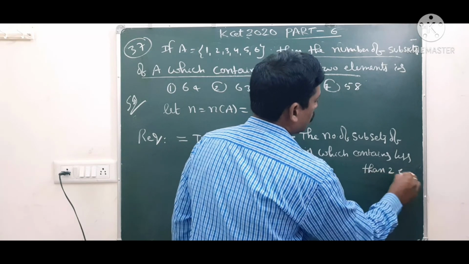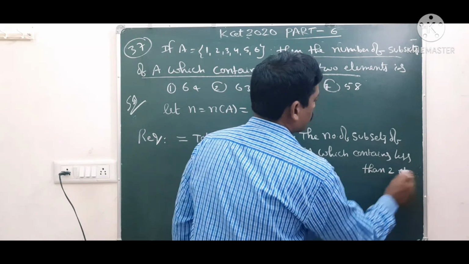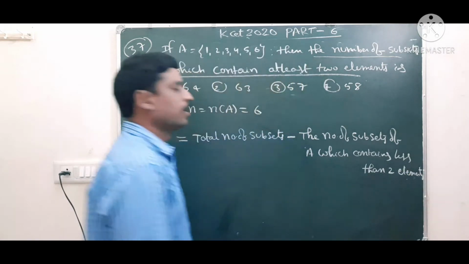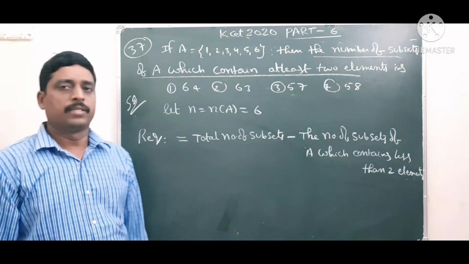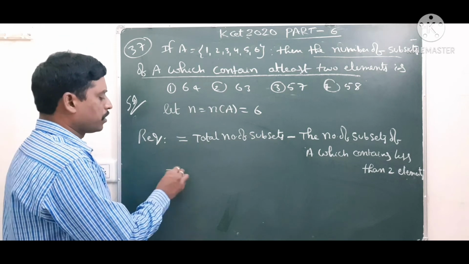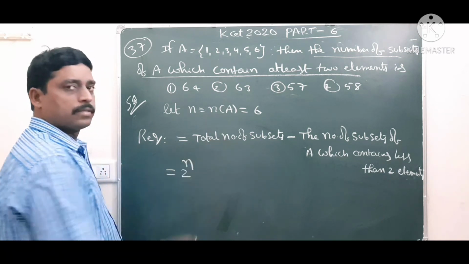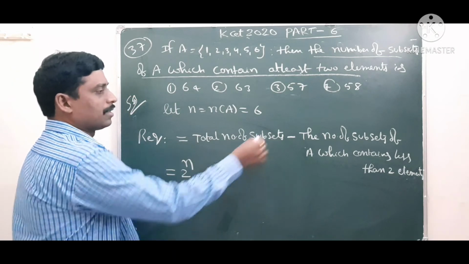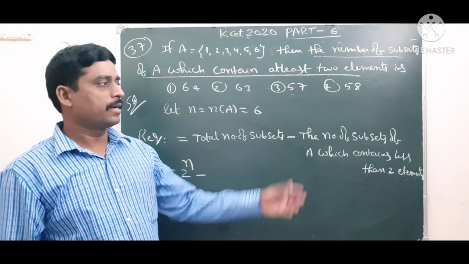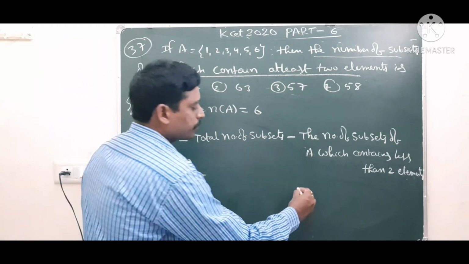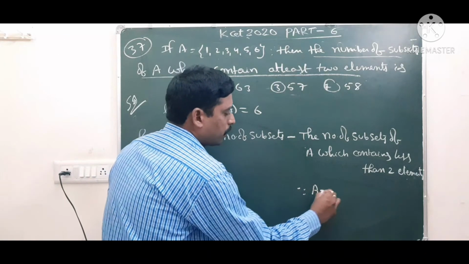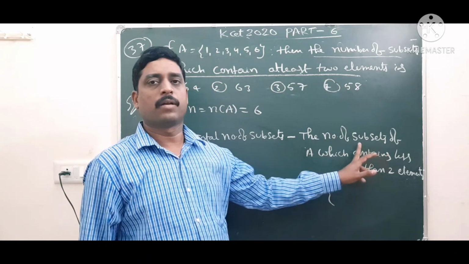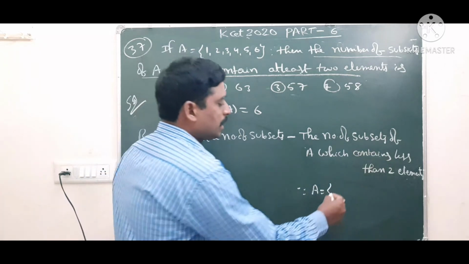Less than 2 elements. The total number of subsets formula is 2 to the power n, which is nothing but the number of elements in the power set of A, minus the number of subsets which contain less than 2 elements. Since n of A is equal to 6, how many subsets are there with less than 2 elements?